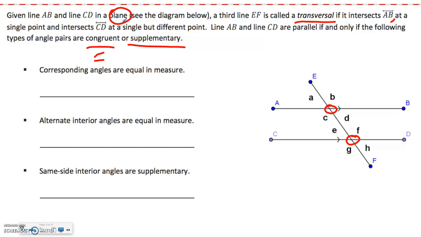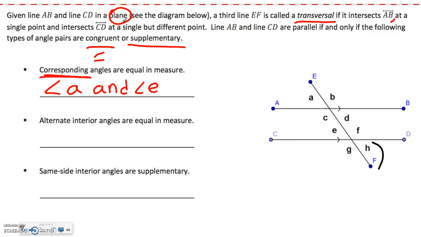So what are the corresponding angles here? Corresponding is a key word here. And what does that mean? It means that angle A and angle E are corresponding.